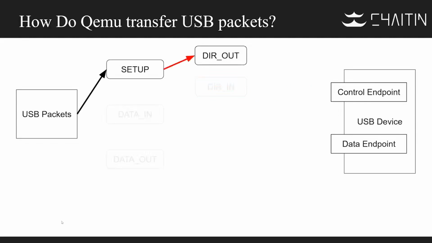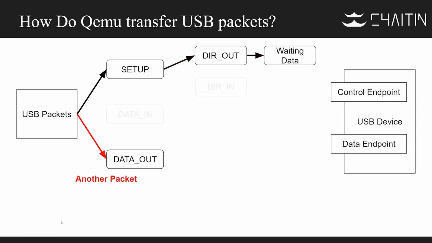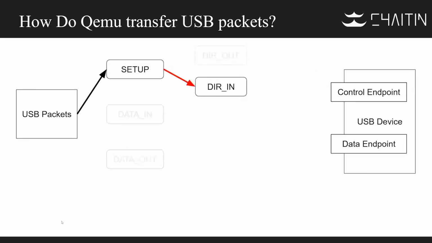If it's a data out setup USB packet, then QEMU will wait for the data of this setup packet, and you need to send another data out packet. Once the data has been padded, all of this will be sent to the control endpoint of the USB device. If it's a data in setup packet, then QEMU will just transfer it to the control endpoint of the USB device.